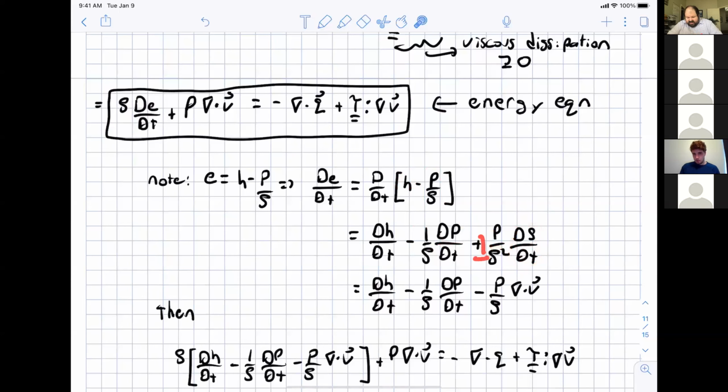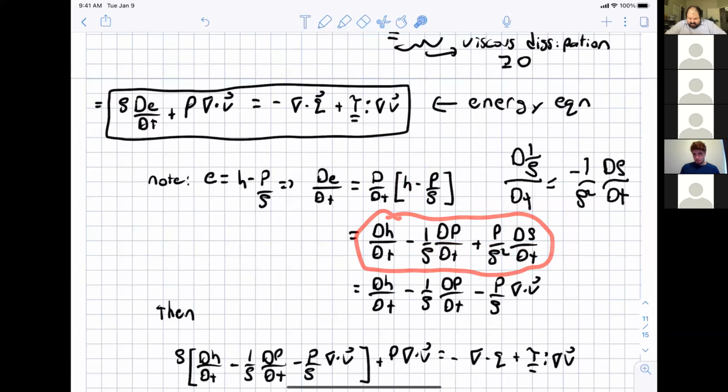I have a plus sign here because I have a minus and a minus here, so you have d(1/rho)/dt equals minus 1 over rho squared d rho/dt.